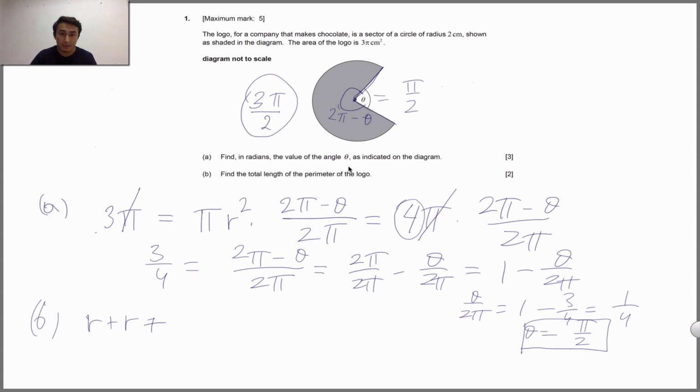Alright, so that means that the arc length from here all the way there will be equal to 2 pi r times 3 pi over 2 divided by 2 pi.